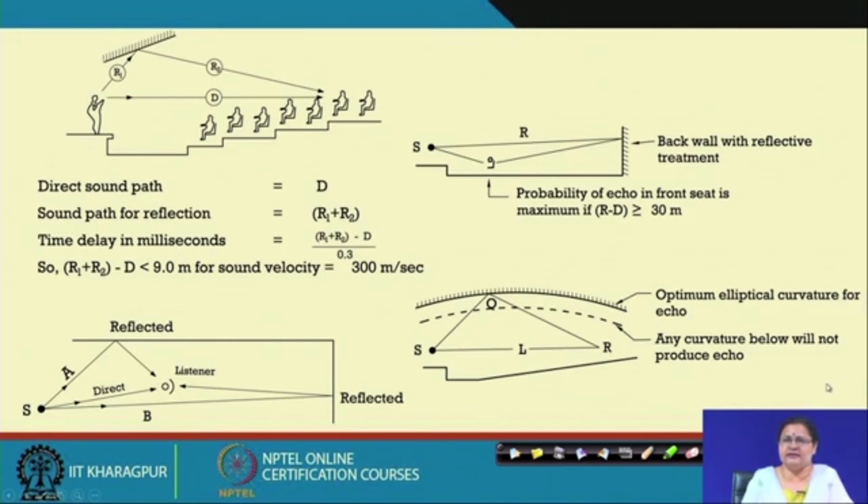Here the space can lead to echo, can lead to concentration of sound, and we have to look into this condition of R1 plus R2 minus D, that is the difference in the reflected path and the direct path, considering 300 meters per second speed of sound, should be less than 9 meters. Earlier it was worked out with 340 meters per second and some 11 meters was shown. So, we have to keep in mind this condition.